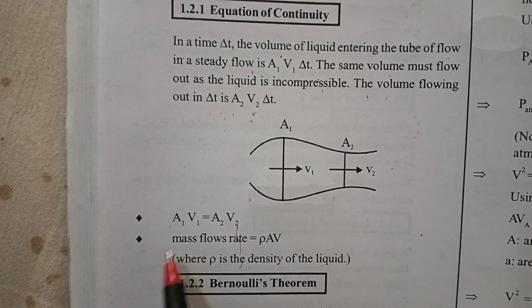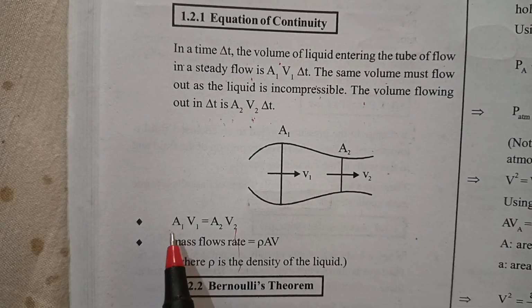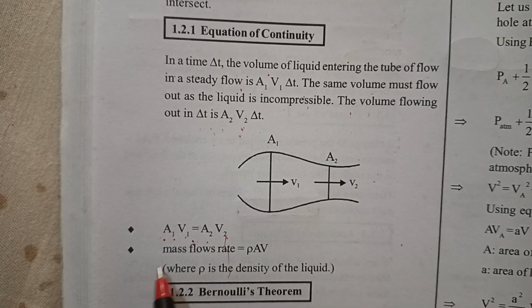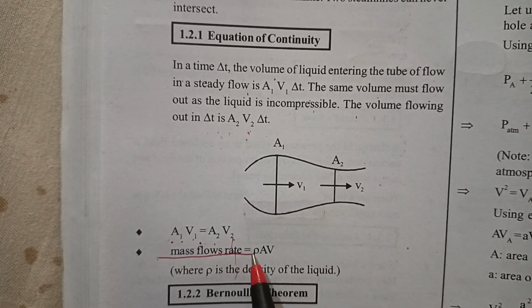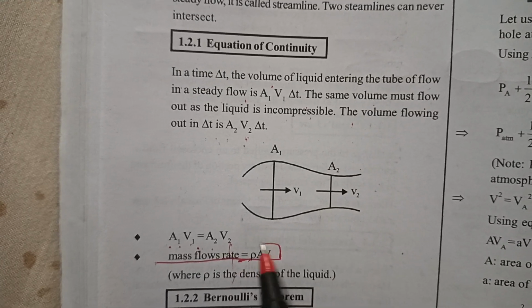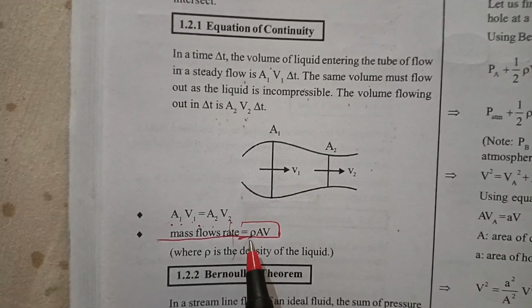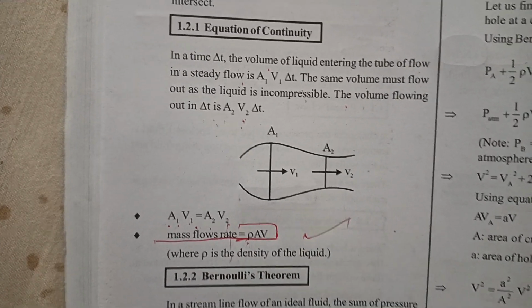So बेटा क्या होगा यहाँ पे, the condition will come out as a resultant as A1 v1 is equal to A2 v2. And its mass flow rate is rho A v. Rho is the density of the liquid.